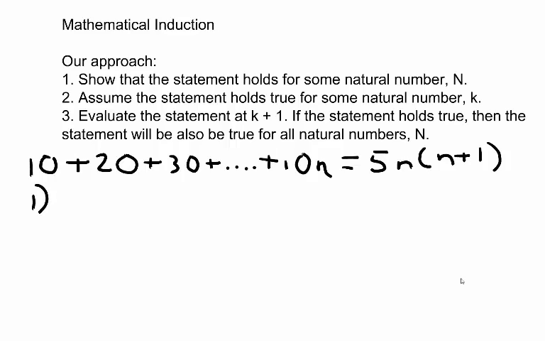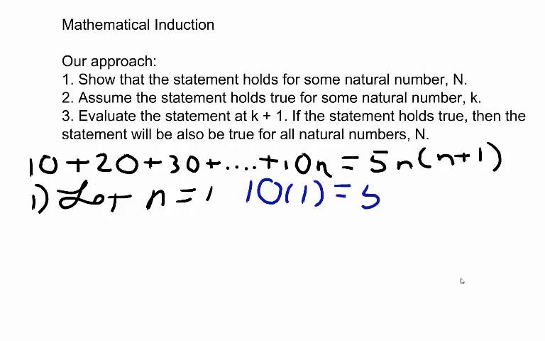In step 1, let n be equal to 1. Then we have, on the left, 10 times 1 equal to, on the right, 5 times 1 times 1 plus 1.